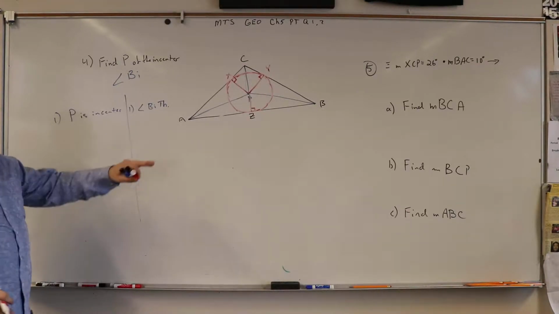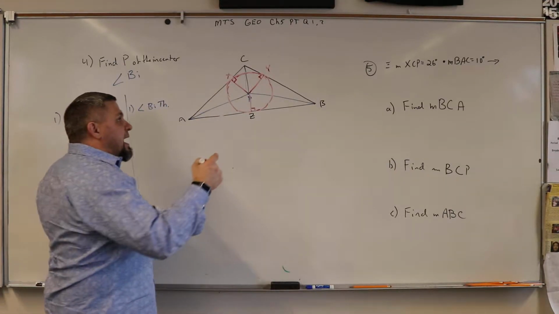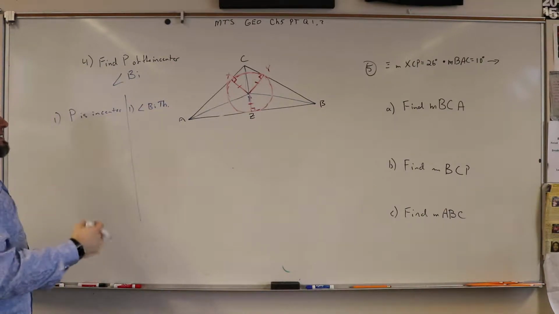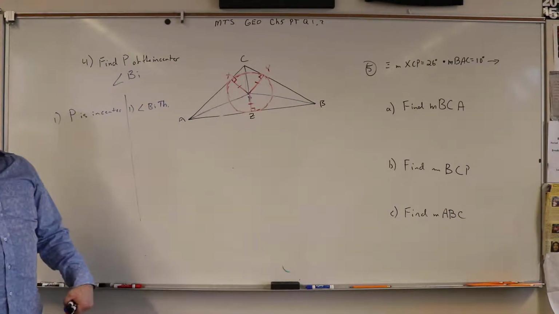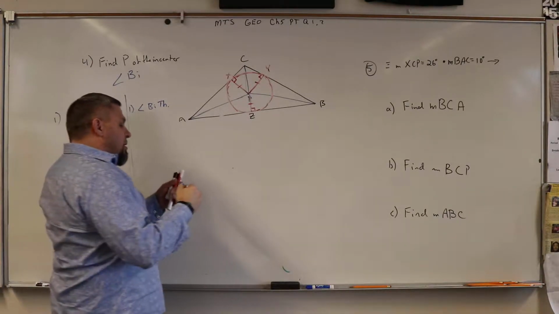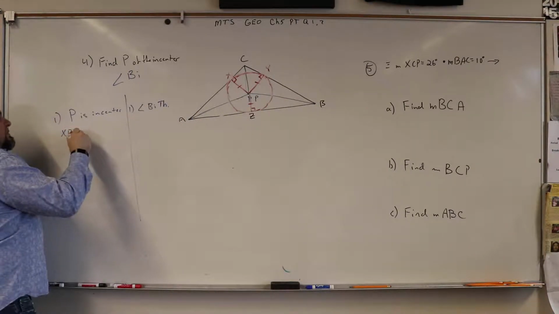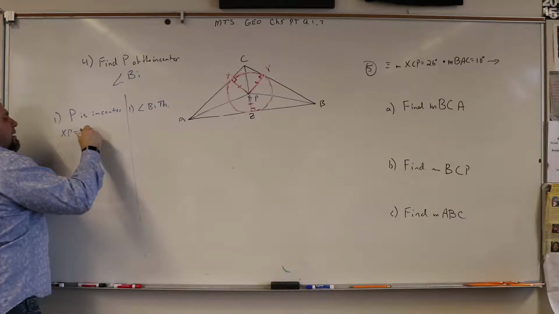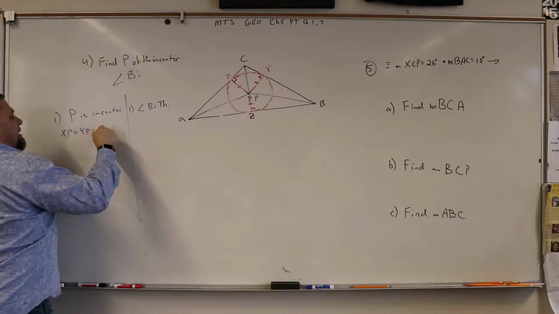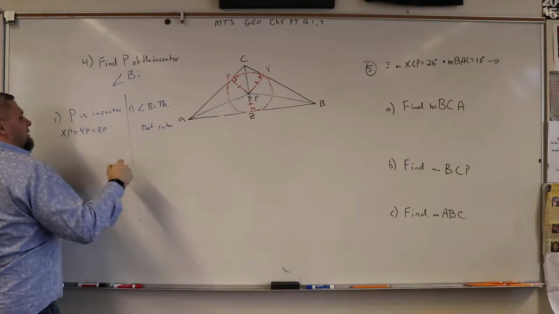Now they're not bisectors, these are just perpendiculars. And these are all radii, so these are all the same length. So that means that the length of XP, YP, and ZP are all the same. So XP is equal to YP is equal to ZP, which is the definition of an incenter. Okay?